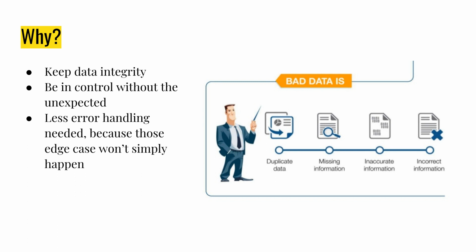Because with data integrity, we can ensure that data that we're processing won't cause errors. We won't need to revalidate it if we know that the model itself is valid. So if we validate each part of it all the time, we won't need to revalidate it when we consume it.